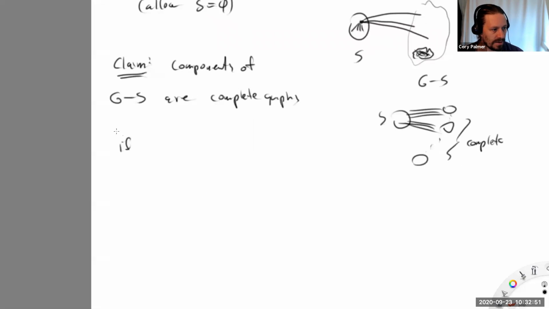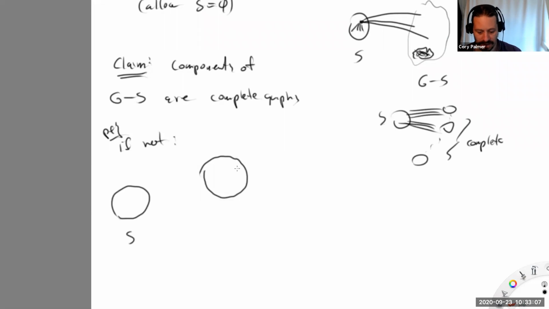This is the proof of the claim. So if not, then we have the following scenario. Here's S, and one of the components is not complete. Let me make it even bigger. So this is one of the components, and it's not complete. If it's not complete, it means that there is a pair of vertices that are not adjacent to each other. That's the witness for not being complete. But there's something more here.